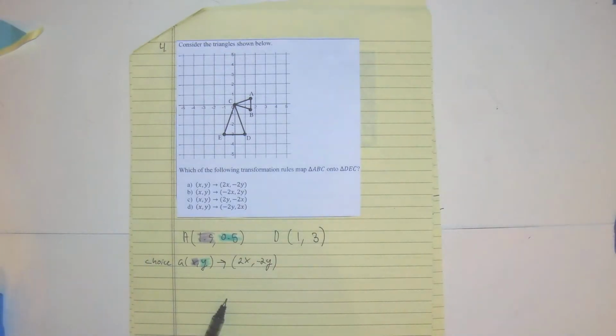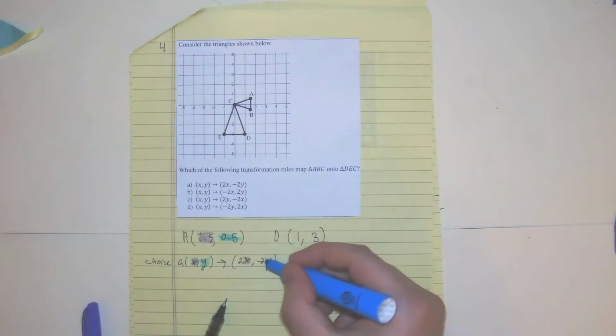So we're going to plug in the x here, and then we're going to plug in the 0.5 here.